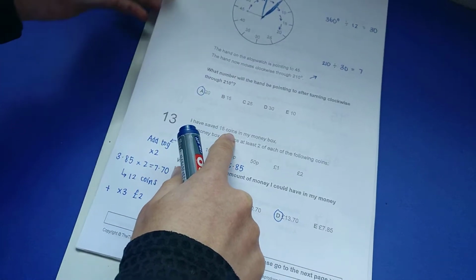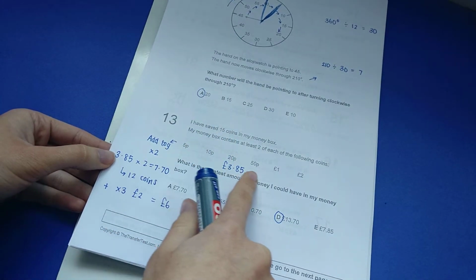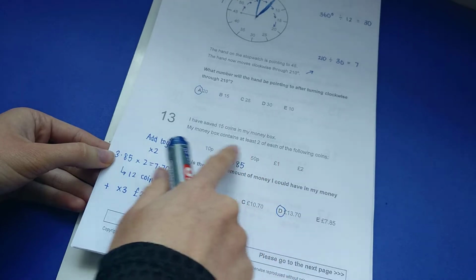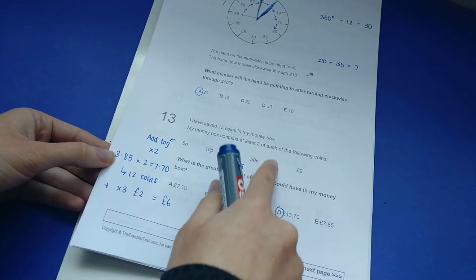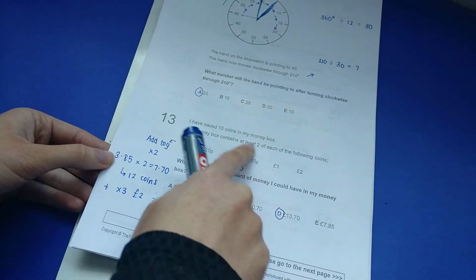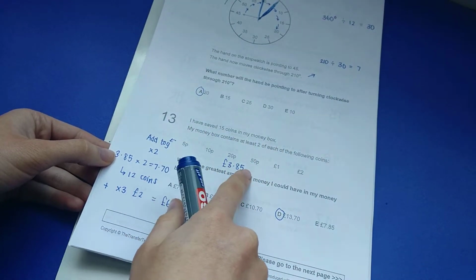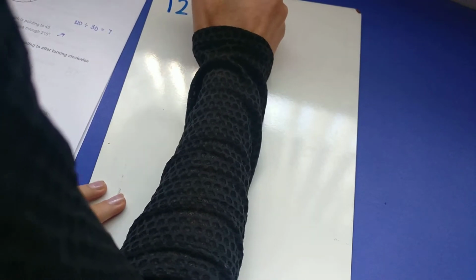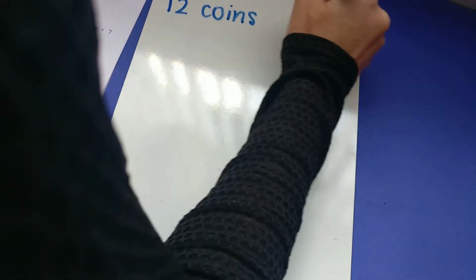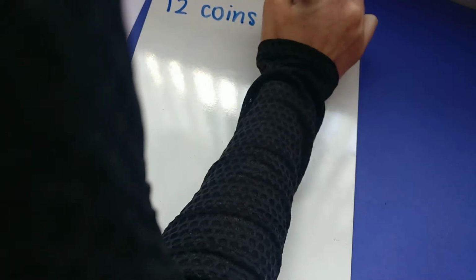This question, okay, it's come up a few times. We want to have 15 coins in the money box. What we're going to do is we're going to add all these coins. A quick way of doing it is add those coins together and then multiply it by 2. So that's £3, and if you add those two values together, that'll give you 85p. 385 times by 2 will give you 7.70. Now that's only for 12 coins. So for 12 coins, we have 7.70. Now, we want to have 15 coins, okay?